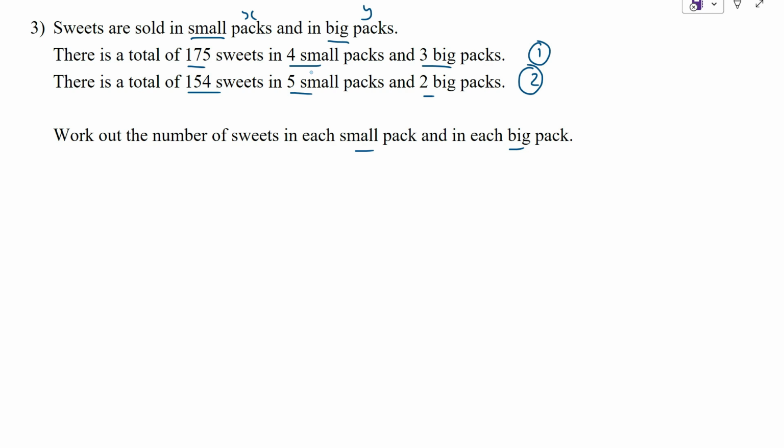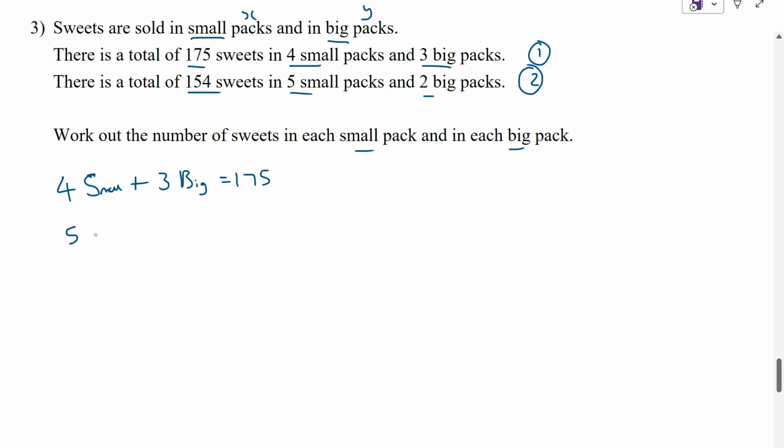Okay, so here for the first one, 4 small, 4s, and 3 big packs equals 175. Second equation, 5 small, yeah, just write small here so we don't get confused.